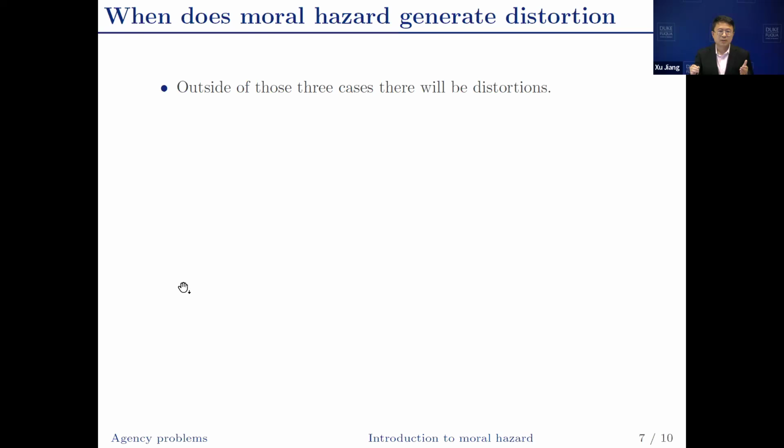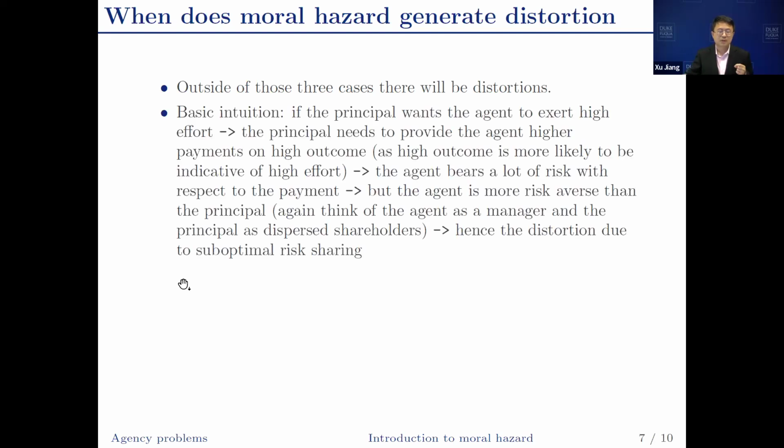However, if those assumptions are violated, then there will be distortions. And here's the basic intuition of the distortion. As a principal, I want the agent to exert high effort. And I know that higher effort is more likely to generate higher outcome.